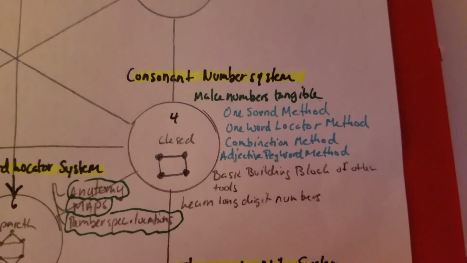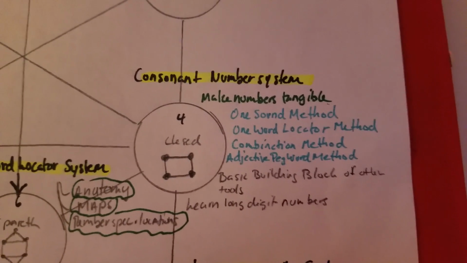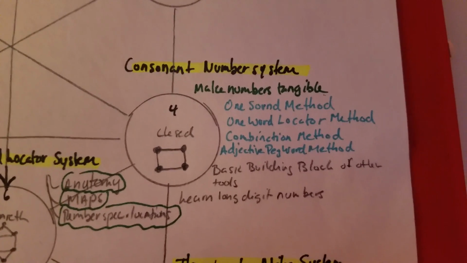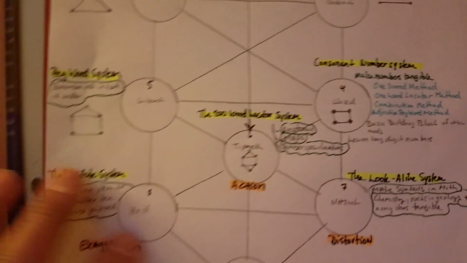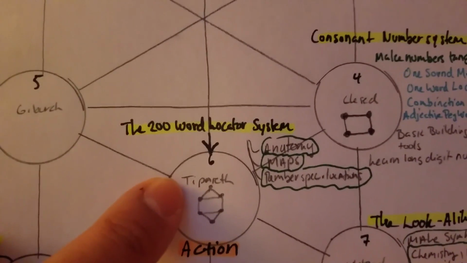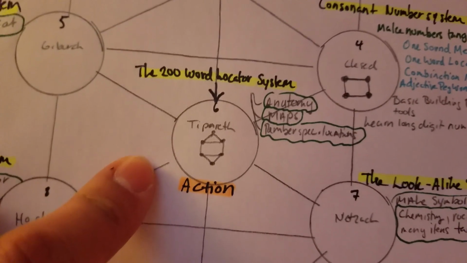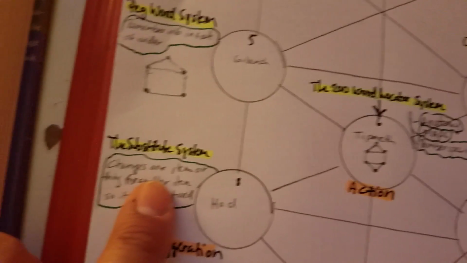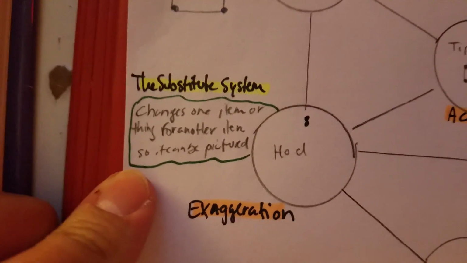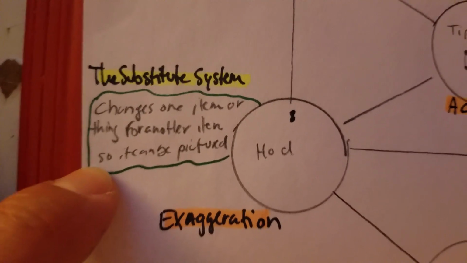And within that consonant number system, you have the one sound method, the one word locator method, the combination method, and the adjective peg word method. Next, you have the 200 word locator system. Once again, this is good for anatomy and remembering specific locations in space and time. You also have the substitute system, and this changes one item or thing for another so it can be pictured.